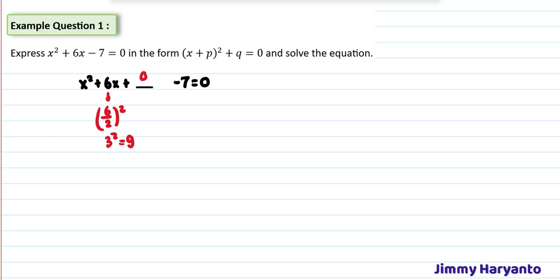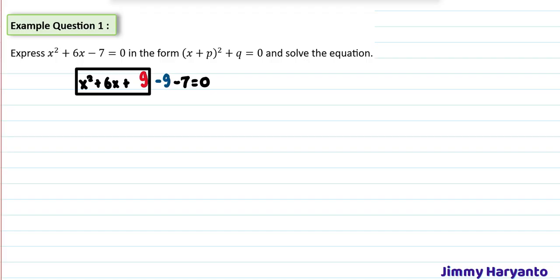So you have to add 9 at this empty space, and then when you add 9, you have to subtract it again with 9 because you cannot change the expression. Okay, next you have to know what this expression will become.